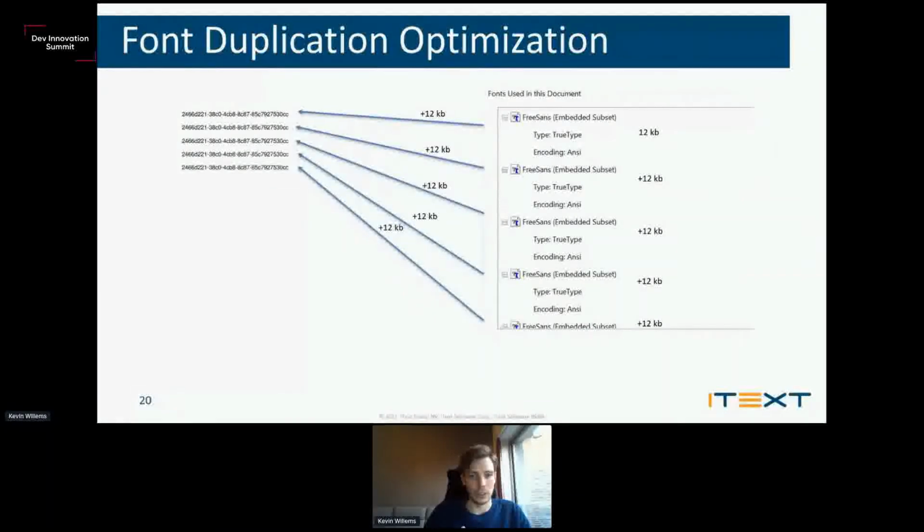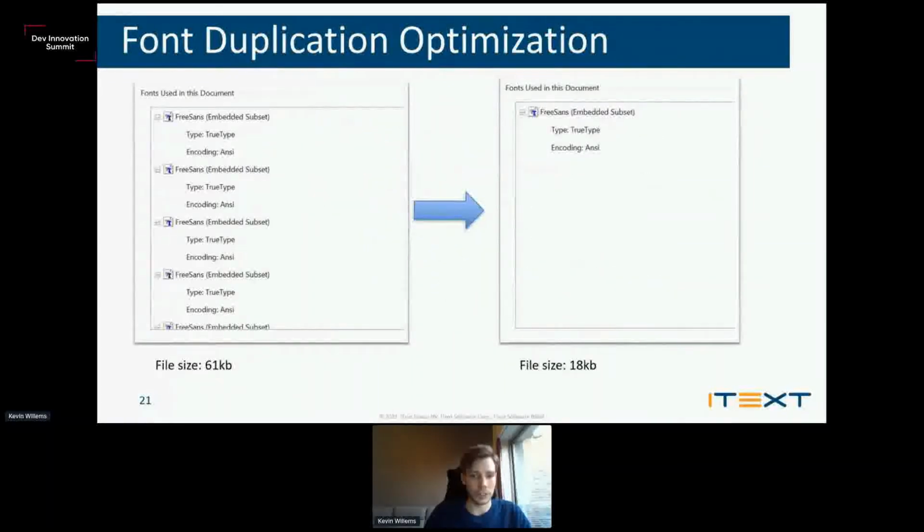What PdfOptimizer does is very simply, it takes all of those subsets, creates a parent subset, you could say, and replaces the existing subsets with that new one. So for example, in this file, the optimization was quite large, almost 2/3.